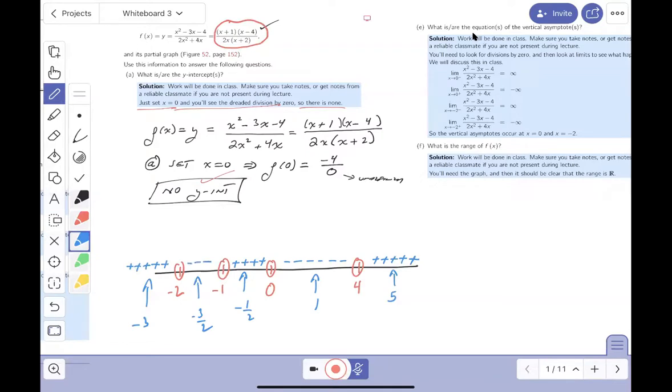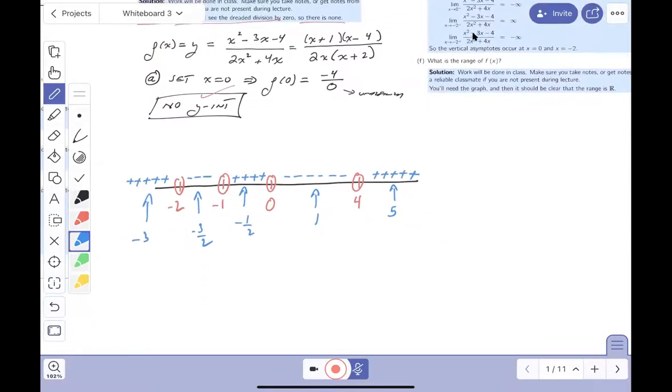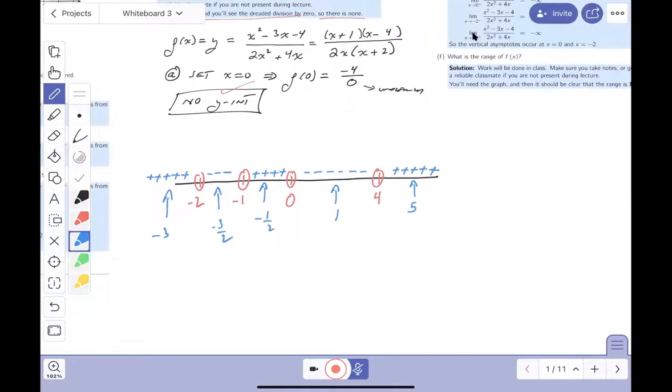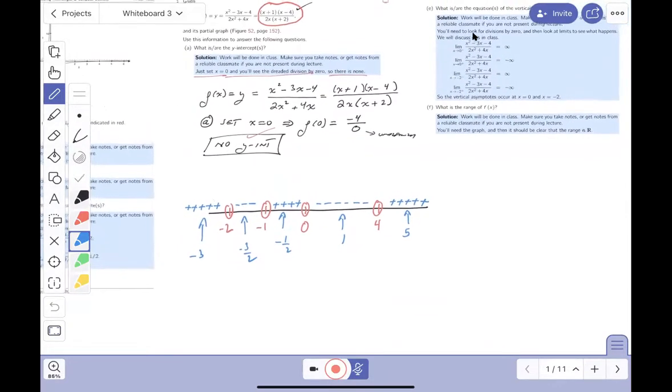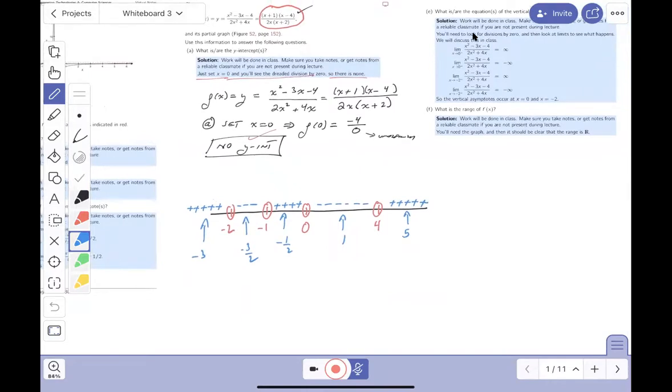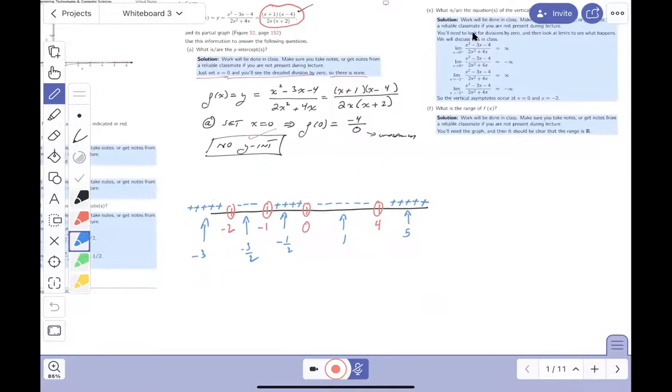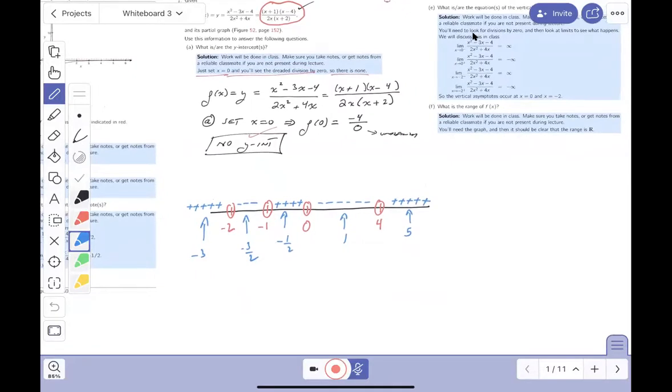So now what I'm going to do is use this sign analysis to help me with the limits. Let's write this down, and again, we'll look at our key later. Now, I just want to look at the bottom where there's trouble. The trouble on the bottom is only at two places, at 0 and at -2.